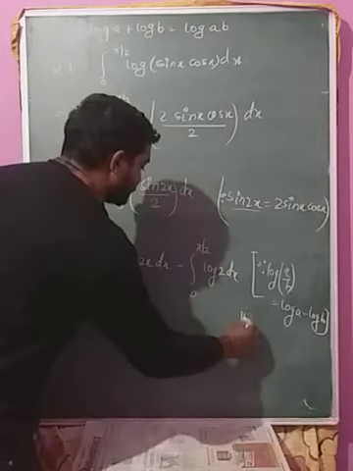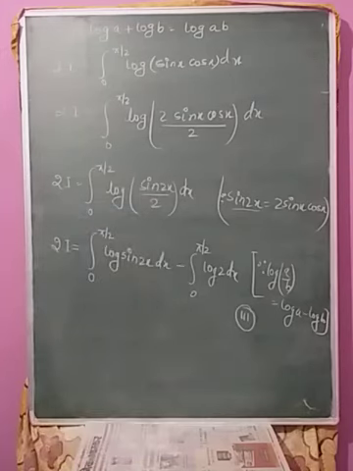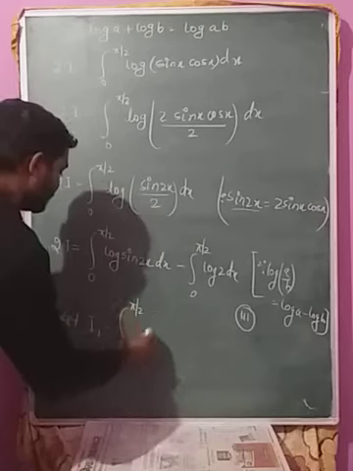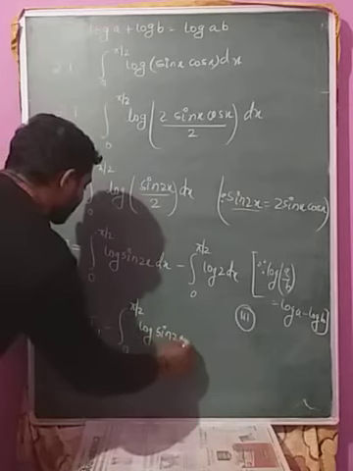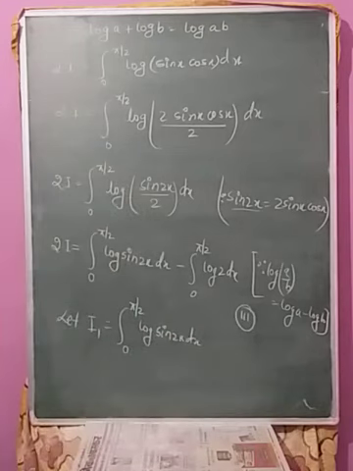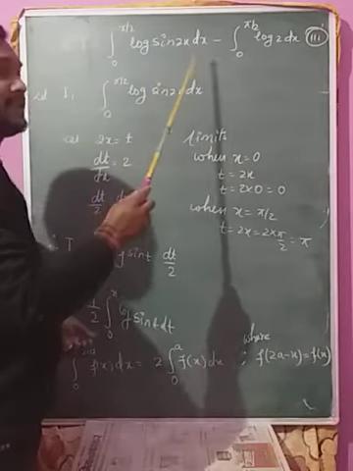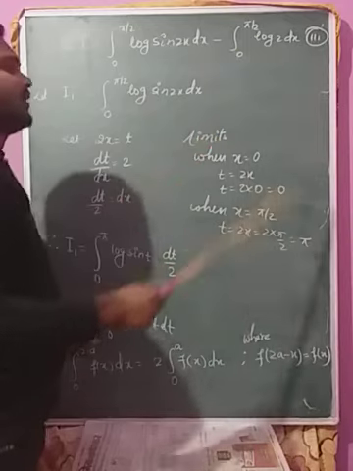Suppose this is the third equation, and let I1 be 0 to pi by 2 log of sin 2x dx। Now we rewrite 2I equal to 0 to pi by 2 log sin 2x dx minus 0 to pi by 2 log 2 dx is equation number third.